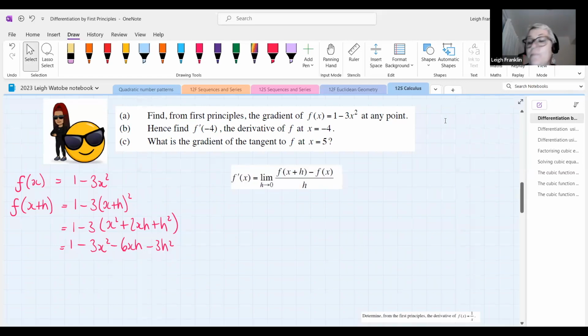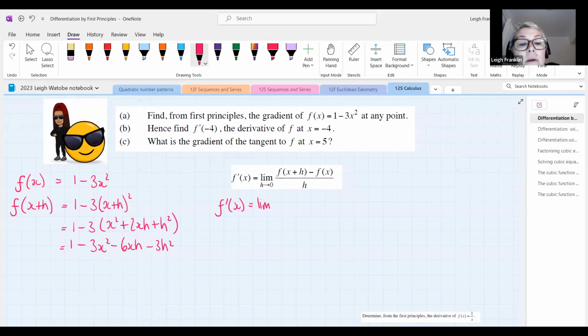Okay, so subbing into the formula, we need to write the following. F prime x equals your limit as h tends to 0, f of x plus h is 1 minus 3x squared minus 6xh minus 3h squared.